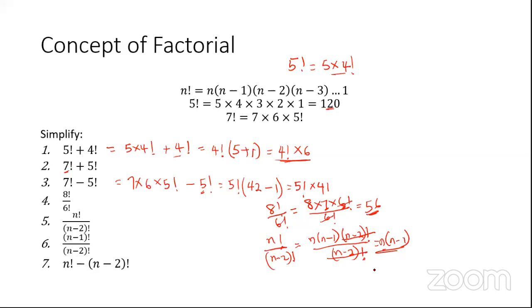So let me leave you to play around with the remaining questions. So let's move to the next concept. So based on this, what do we now mean by permutation? We have explained permutation is the arrangement of numbers or items in a particular order.